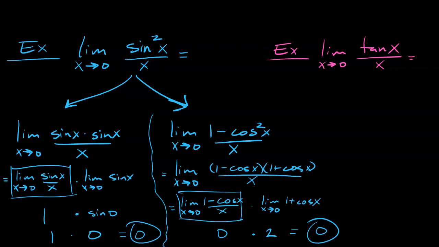This pink one, tangent. So this involves your pre-calc methods. If you're working with trig and you're stuck, one of the methods is to change things into sine and cosine. So I'm going to change tangent into sine of x over cosine of x. And that x was already on the bottom of the fraction.